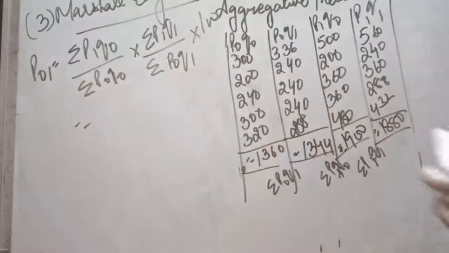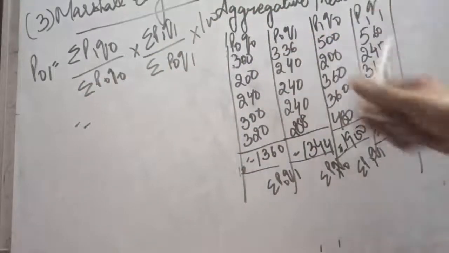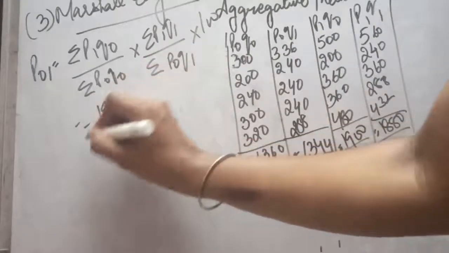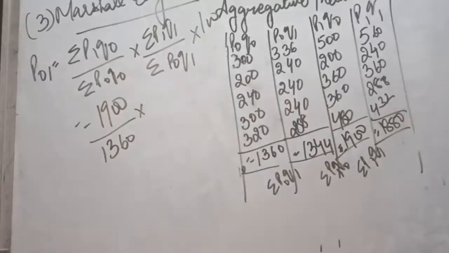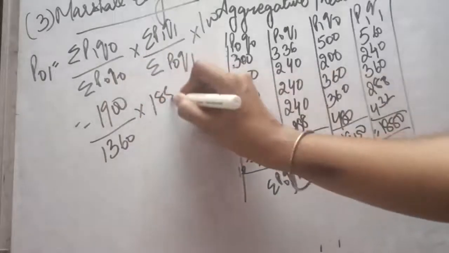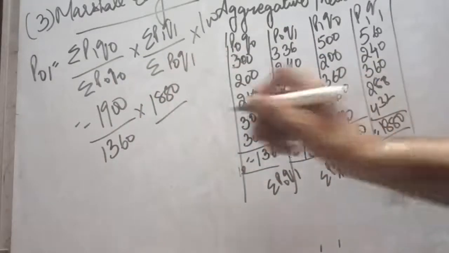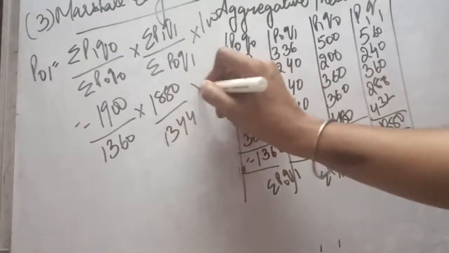So here we put in the values: P1 Q0 is 1900, P0 Q0 is 1360, P1 Q1 is 1880, and P0 Q1 is 1344, into 100.